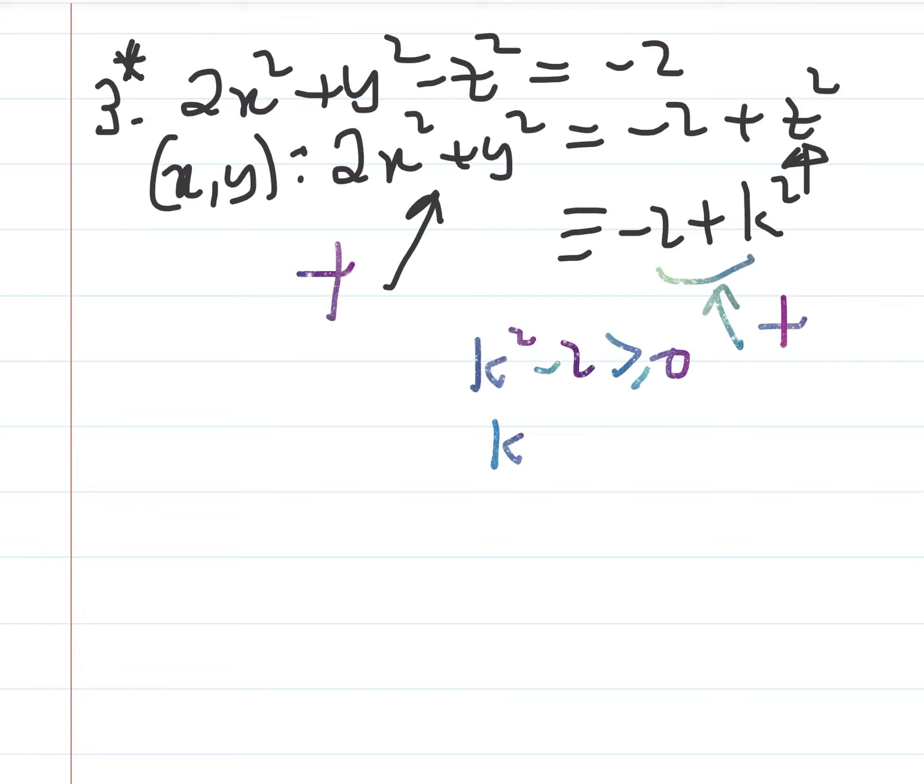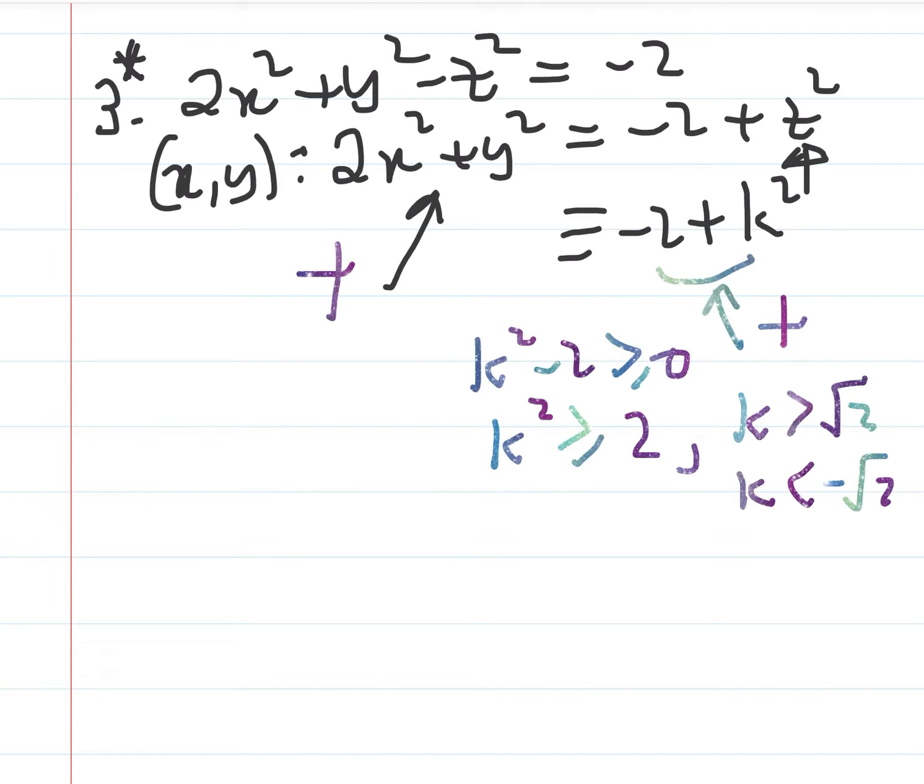That means k squared must be greater than or equal to 2. And if you solve this, keeping in mind the negative side, k must be greater than square root 2 or k must be less than minus square root 2, which means that the z cannot take on values between these two values.